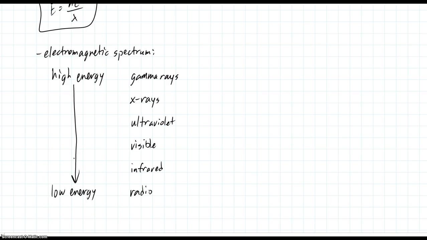But since we know that E equals H times nu, and H is a constant no matter what type of light we're talking about, high energy also means high frequency. So going from top to bottom also goes from high frequency to low frequency.